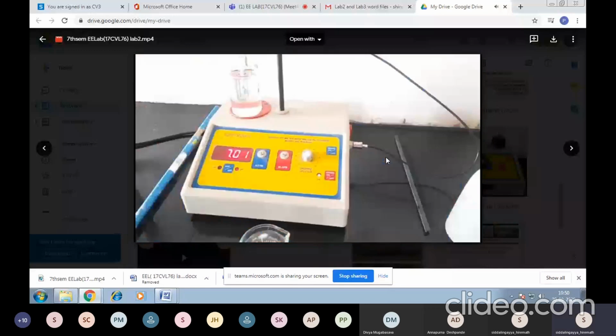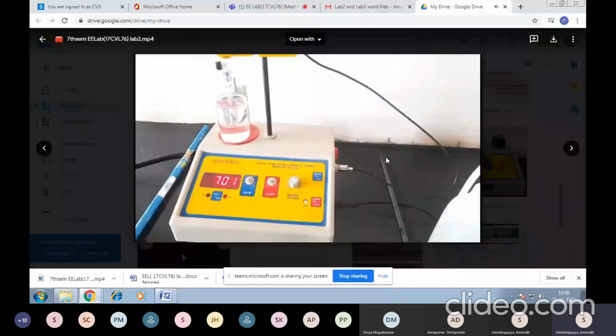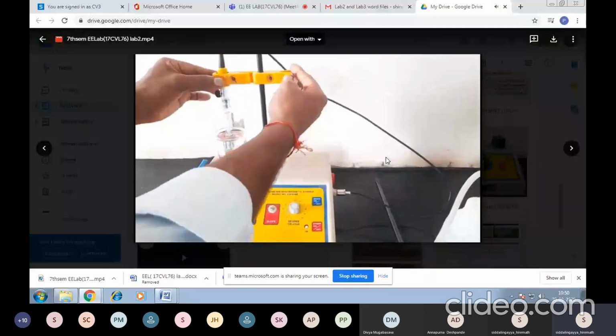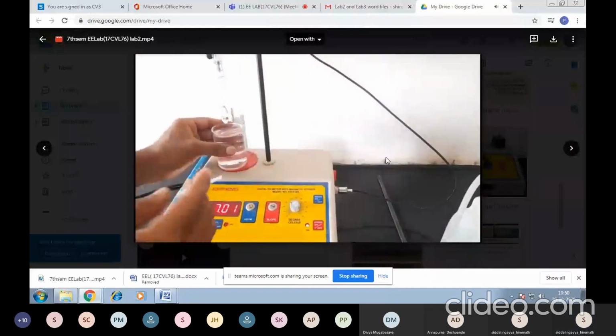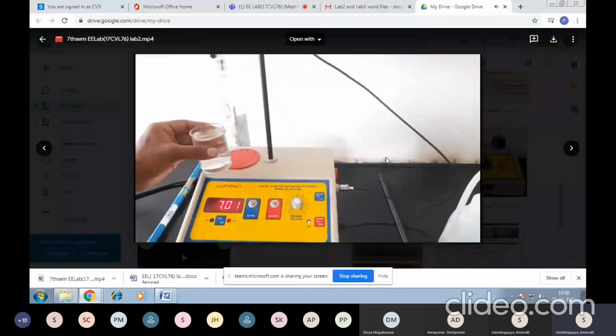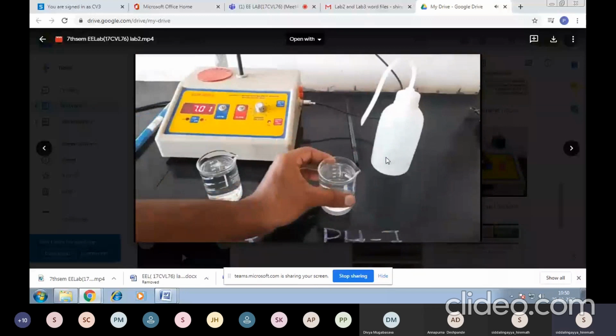Now remove the buffer of pH 7 and keep the solution of pH 9.2. Before that, you have to wash the electrode with distilled water.